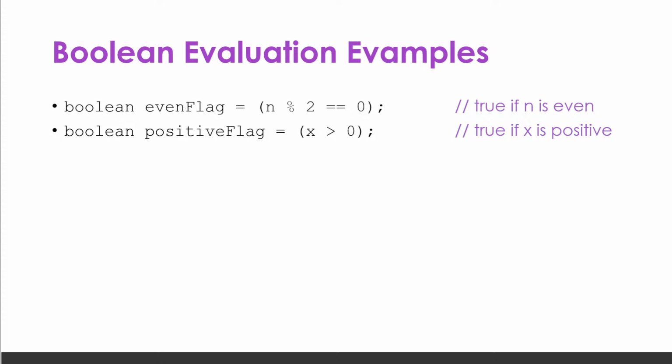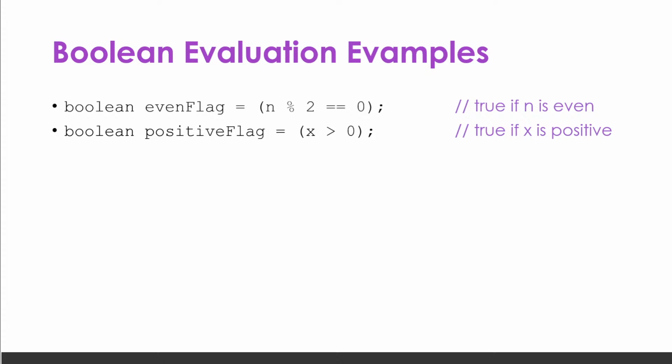In this example, we can assume that x has already been evaluated, that it already exists in our program, and that it is some number. If x is some number from 1 to infinity, then this statement would be evaluated as true, and it would put the value true in our positive flag Boolean variable. Then we see if n modulo 2 equals 0.